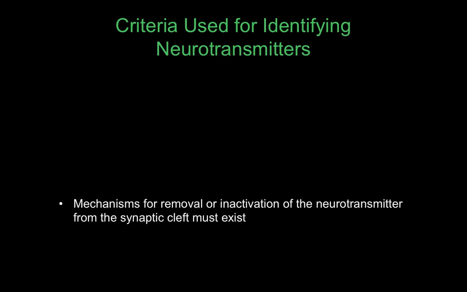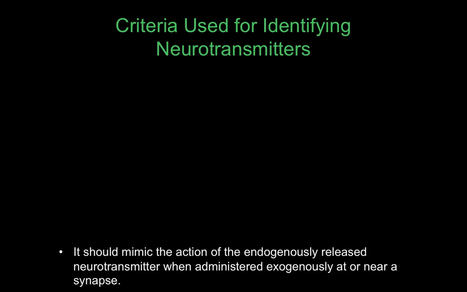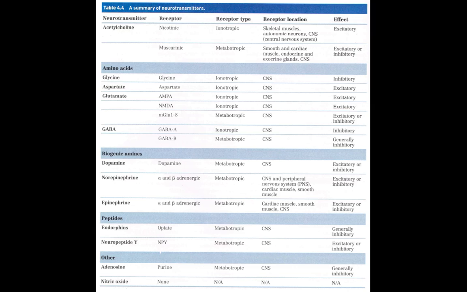Mechanisms for removal or inactivation of the neurotransmitter from the synaptic cleft must exist. And finally, it should mimic the action of the endogenously released neurotransmitter when administered exogenously at or near a synapse.